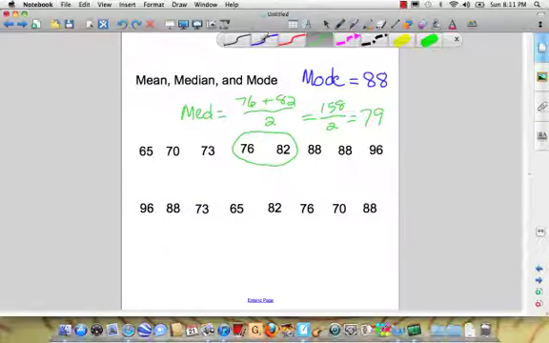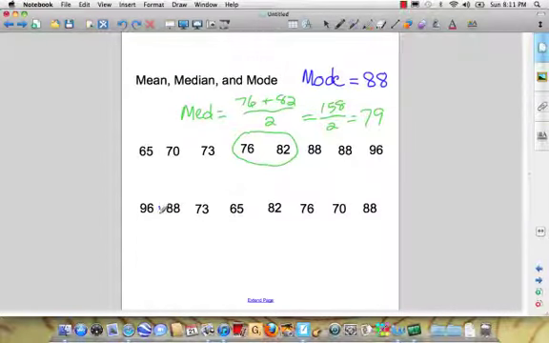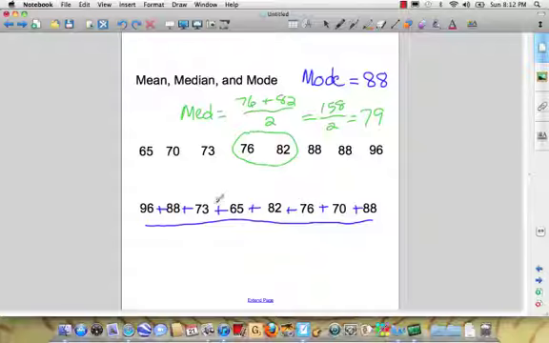You add up all the numbers. So let's see, 96 plus 88 plus 73, 65, 82, and so on. And then you divide by how many numbers there are. 1, 2, 3, 4, 5, 6, 7, 8. So you divide the sum by 8, and that would give you the mean.